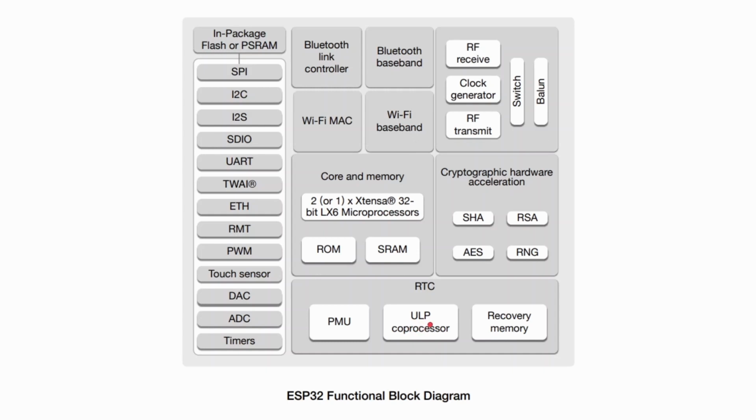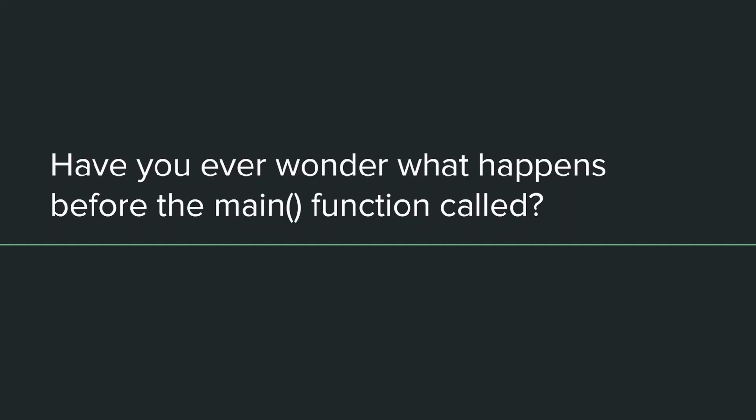It's an ultra low power coprocessor, where you can actually turn everything off if you don't need anything, and this will be the main guy looking after. And we have flash and PSRAM, which depends on each module. Some modules have 4 megabytes of flash, going up to 16 megabytes, and some boards do have PSRAM, which is external RAM, and these are all in the datasheet and you can read more.